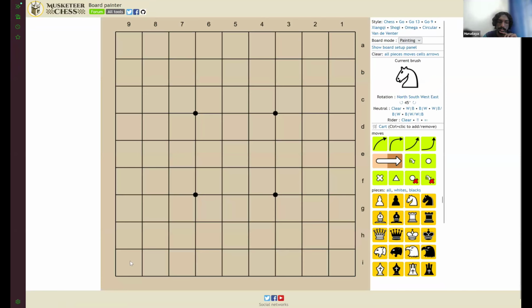This is a 9 cross 9 chessboard at least. So basically what we're doing is we're extending it by 3, right? Yes, sir. The n is extending by 3. The number of moves is extending by 2.